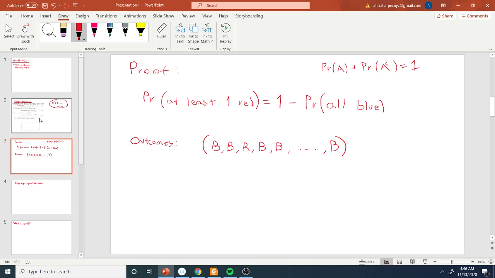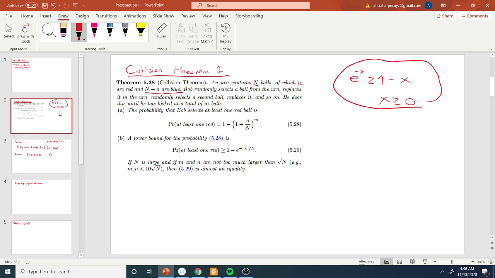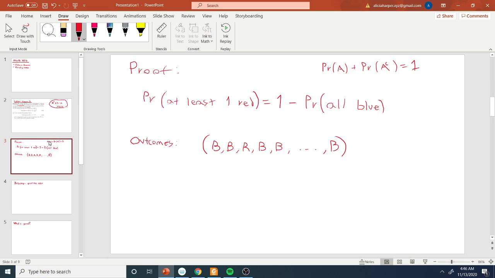The number of balls chosen is m, so there would be m entries here. This is what a sample outcome looks like.